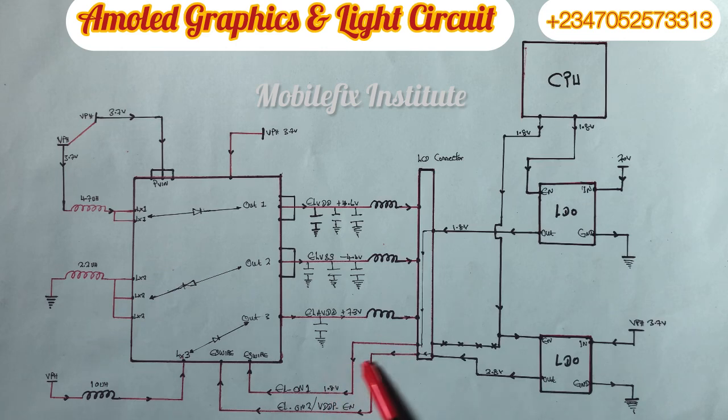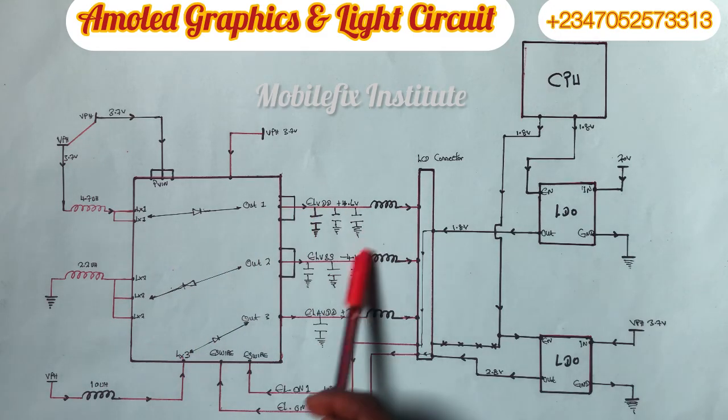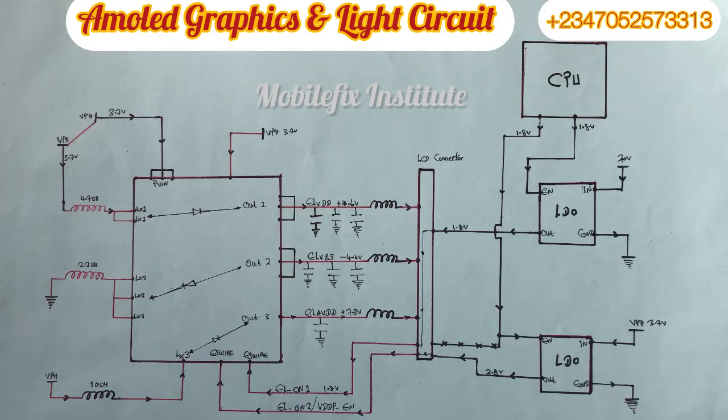Now let me explain the logic behind this. These two lines are the ones that will turn on this IC. If these two lines are open, this IC will not work, and the other voltages will not generate. These lines can only turn on when you clip your screen.